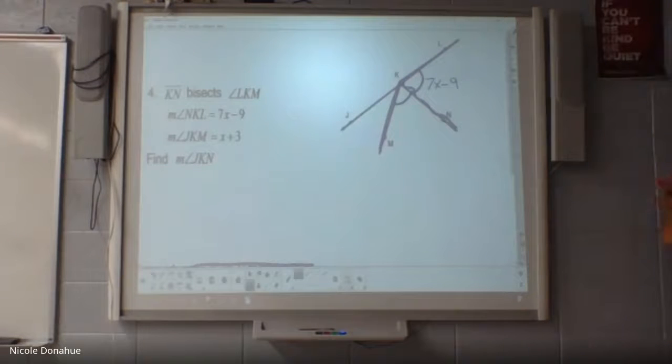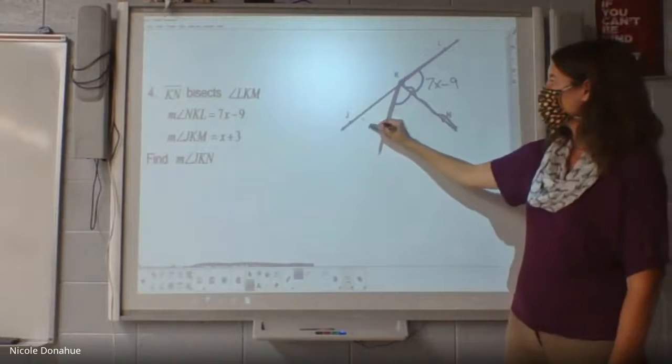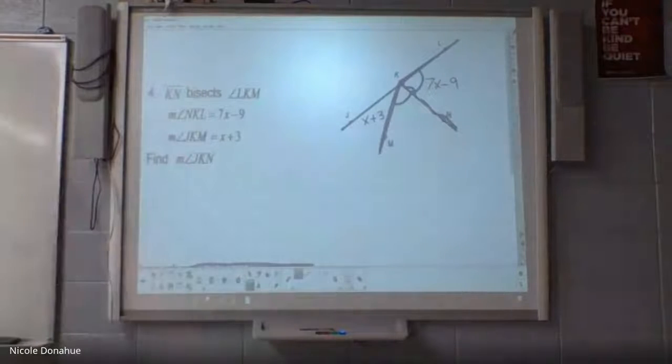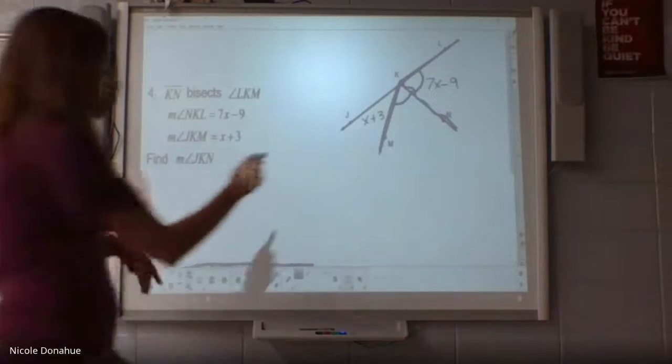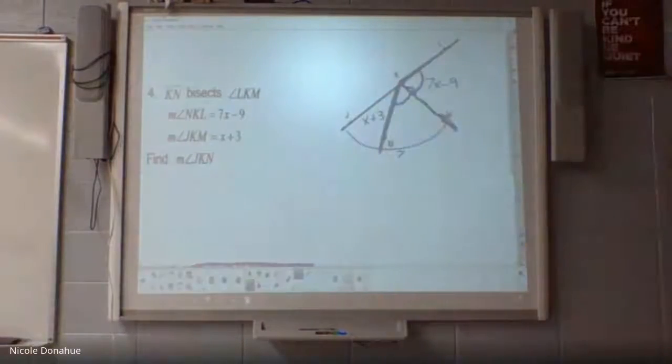Now this time they tell me JKM is x plus 3. They want us to find JKM. They want us to find this. A little bit of a challenge here.